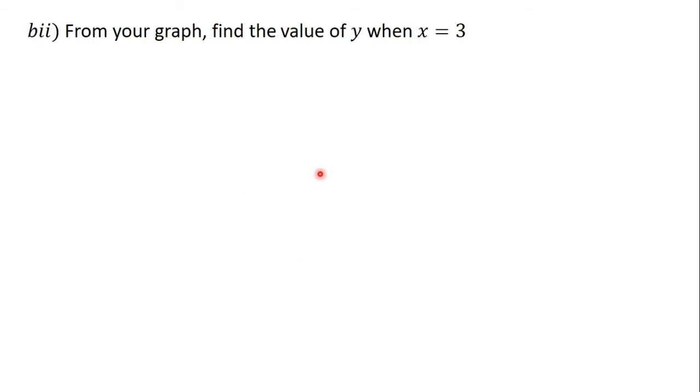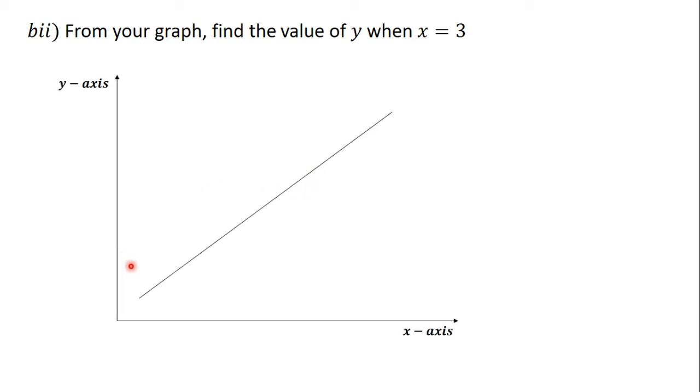We want to use the graph to find the value of y when x is equal to 3. Let's assume that this is the straight line. So we have the x-axis here and we have the y-axis here. If you want to use your graph to find the value of y when x is equal to 3, what you need to do is to locate 3 on the x-axis. Remember, x is equal to 3, so you locate 3 on the x-axis. Then you trace it to meet the straight line that you've drawn.